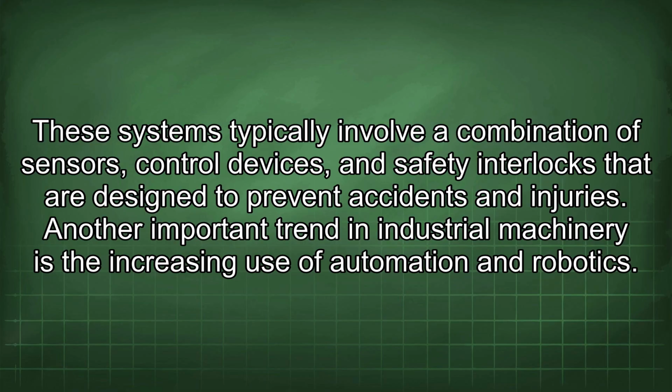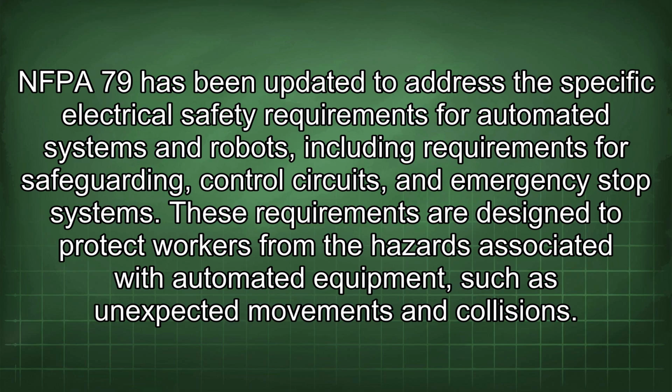Another important trend in industrial machinery is the increasing use of automation and robotics. NFPA 79 has been updated to address the specific electrical safety requirements for automated systems and robots, including requirements for safeguarding control circuits and emergency stop systems.